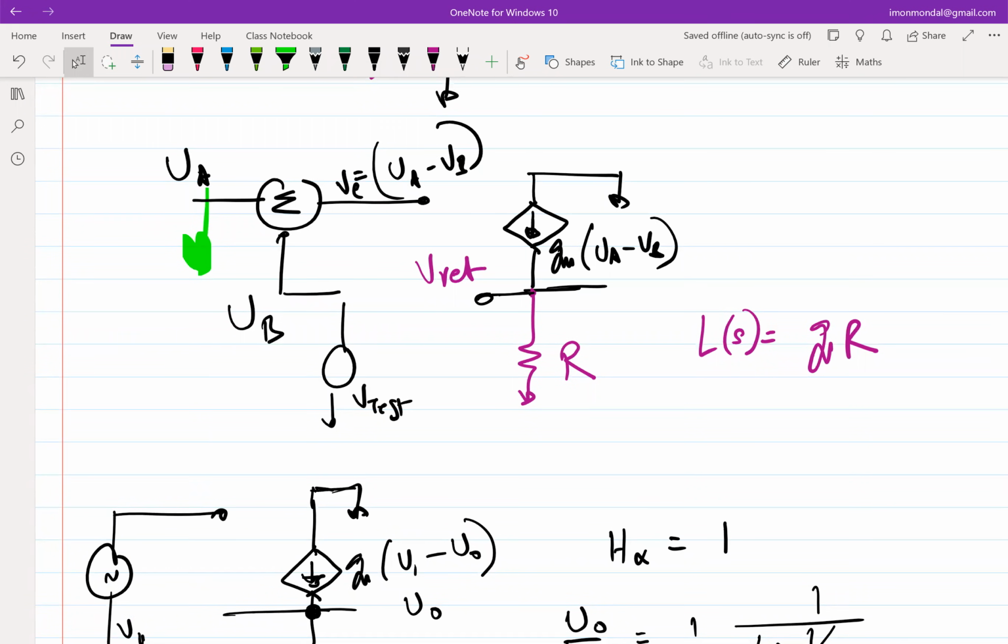If we apply V-test on top of R, then GMR is coming, right? You can apply it anywhere. You can apply V-test here, after the summer. So the loop gain will come out to be GMR.